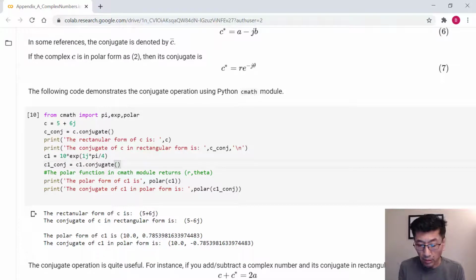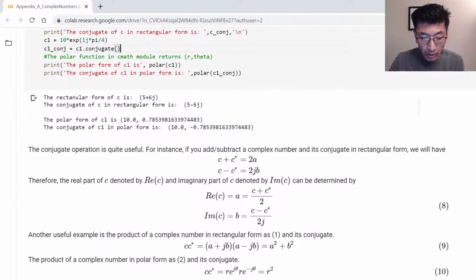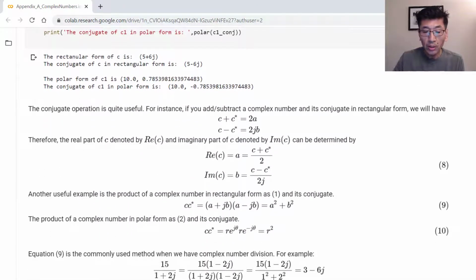There are a couple of useful applications with this. One is when you add a conjugate to its original, you get 2 times the real part. If you subtract the complex conjugate from its original number, you get 2j times the imaginary part.